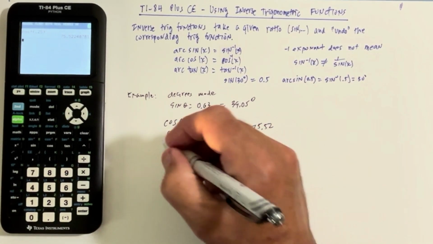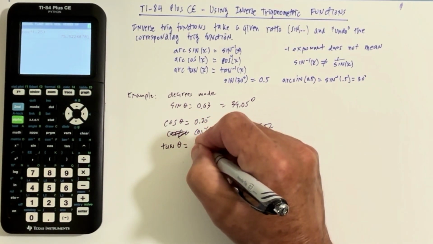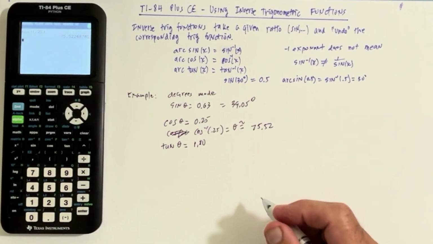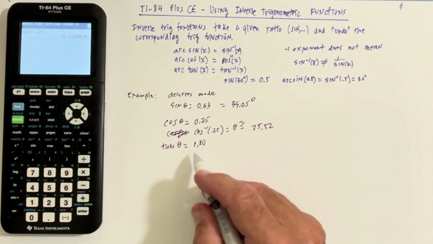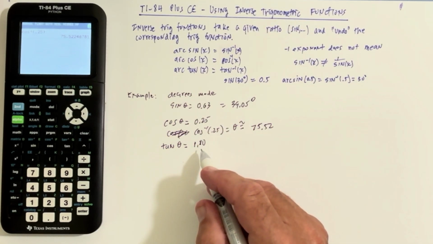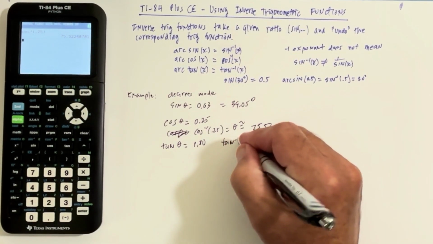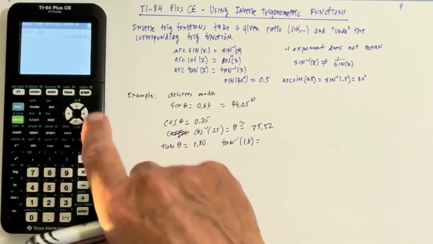Now let's look at our tan function. Tan theta is equal to 1.8. And the tan function is not bound by -1 to +1 like the sine and cosine. It goes to plus and minus infinity, so you can get big numbers on the tan function. So the tan inverse of 1.8, let's do that.